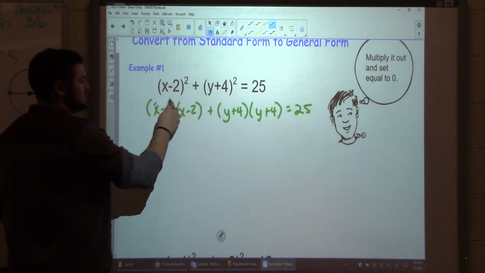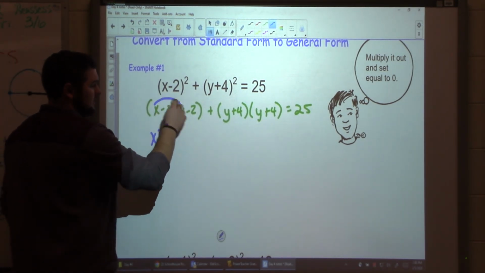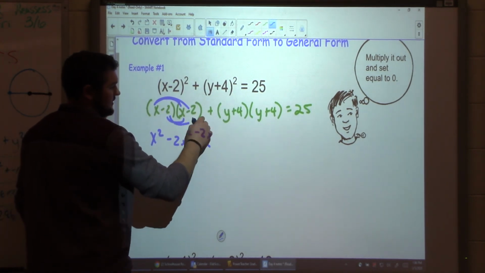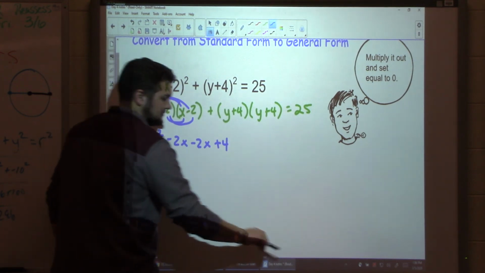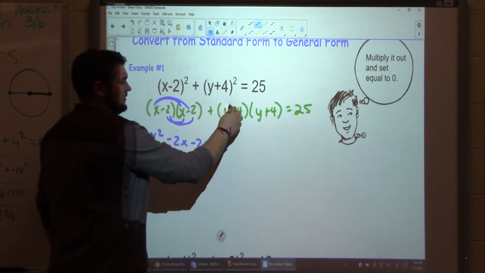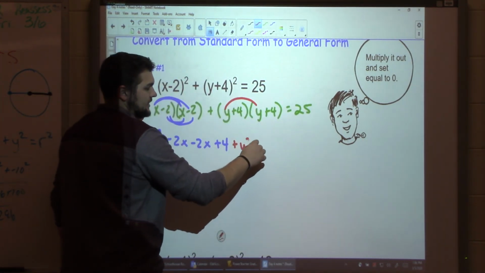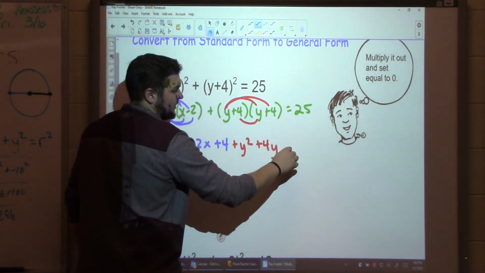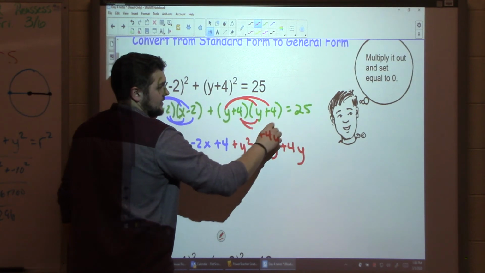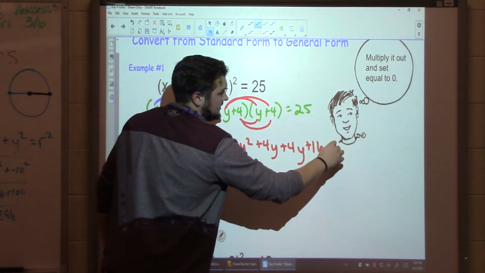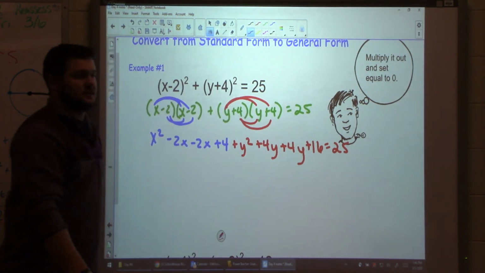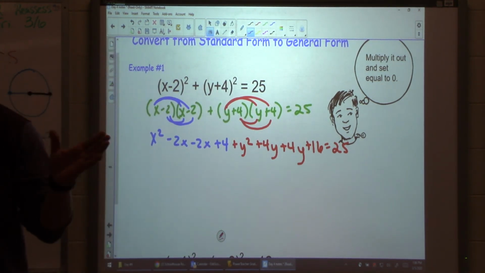So I'm going to FOIL the first ones here: x^2 - 2x - 2x + 4, plus y^2 + 4y + 4y + 16, equals 25. All right, so all I did so far is FOIL.